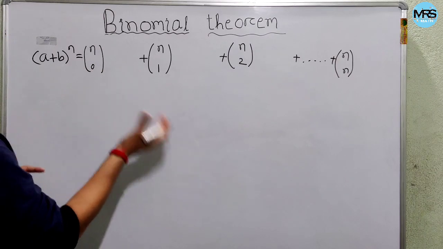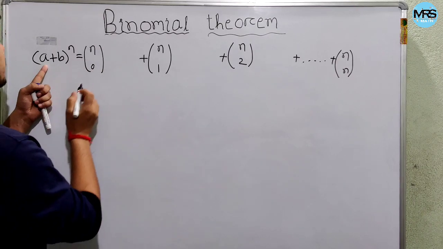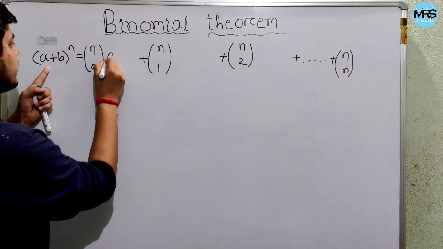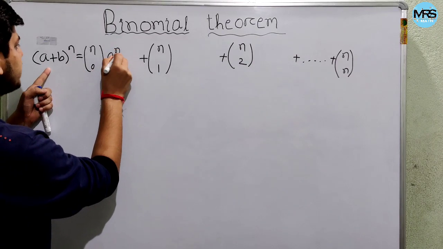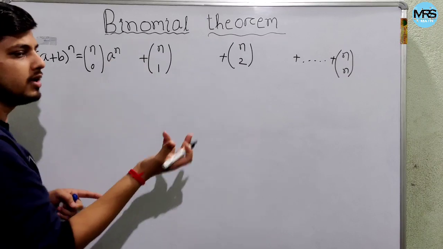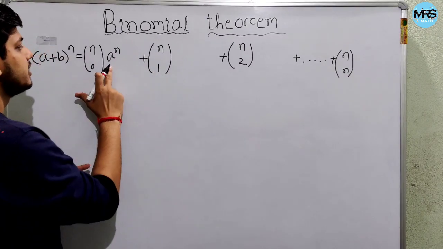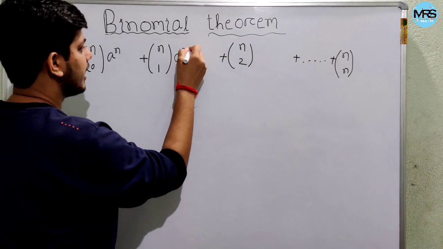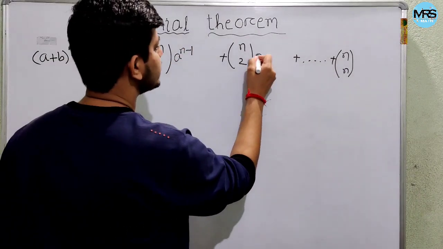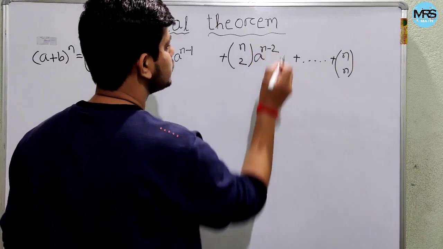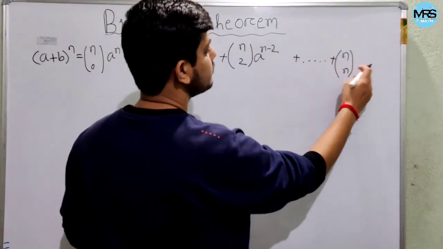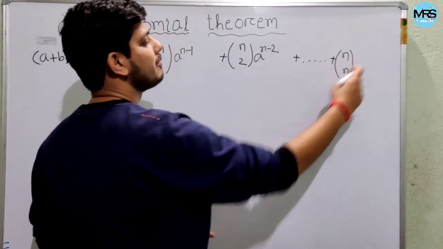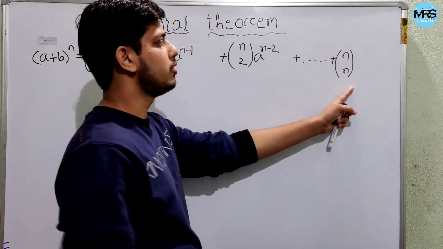Okay, so whatever I noticed, first the a power will be maximum, that is n, and slowly it will reduce by 1, right? If this one is a to the power n, then this one will be a to the power n minus 1, right? This one will be a to the power n minus 2, right? Similarly up to here it will be a to the power n minus n, that is a to the power 0, that is 1.